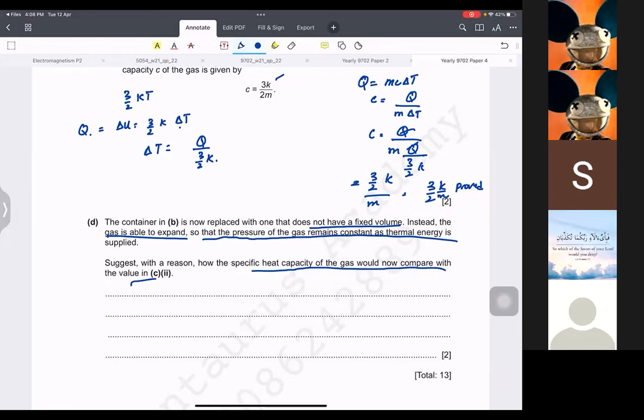Now, you need to understand something. When gas expands, work is done on the surroundings.